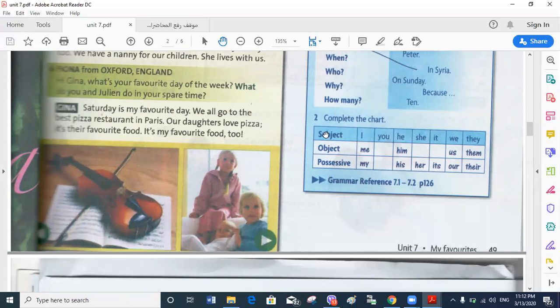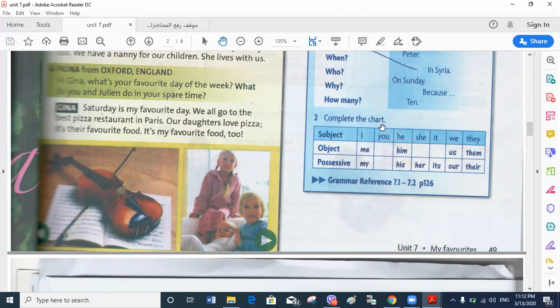Our job in this unit is to teach you the related objects and possessive adjective for the subject. So when we are talking about I, so we use an object pronoun me, and we use a possessive adjective my.